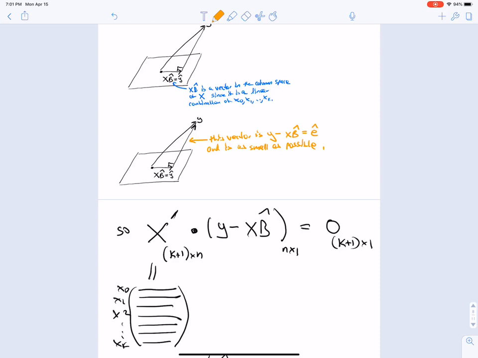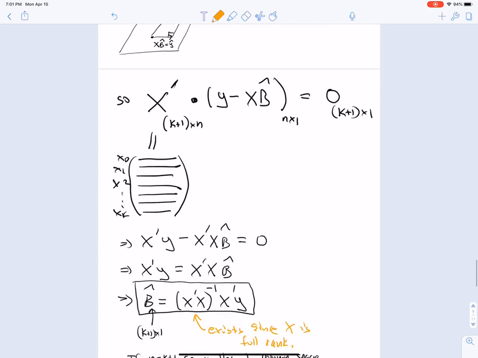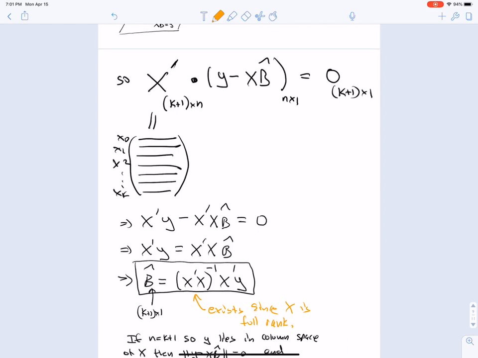So what that means is that I can just use the distributive property of matrix multiplication, and we get x transpose y minus x transpose x beta hat is 0.